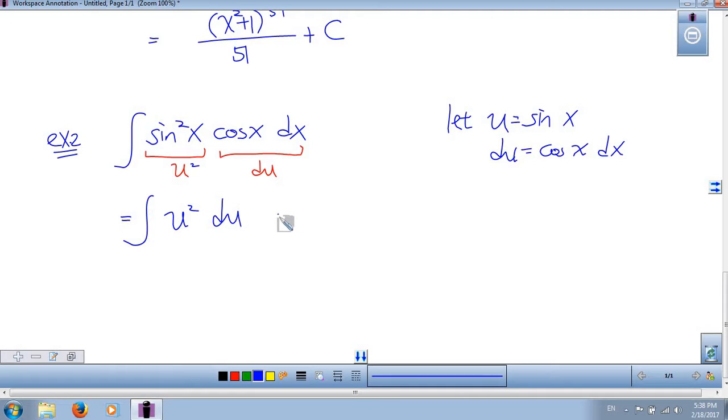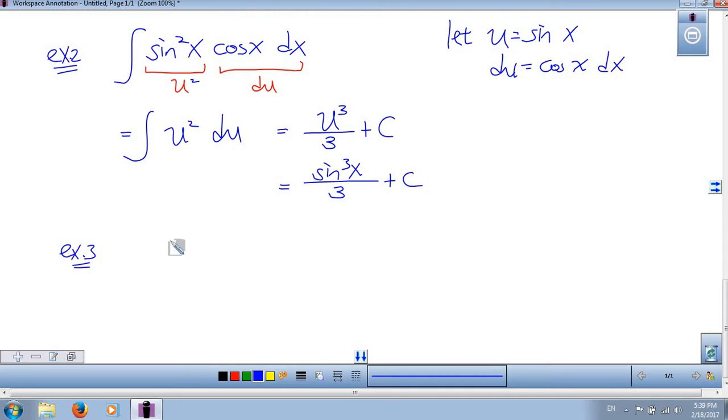That is very easy to integrate. We just add 1 to the power and divide by 3, plus an integration constant. And the last step is to replace the original expression, so it will be sine x to the third power divided by 3 plus an integration constant.